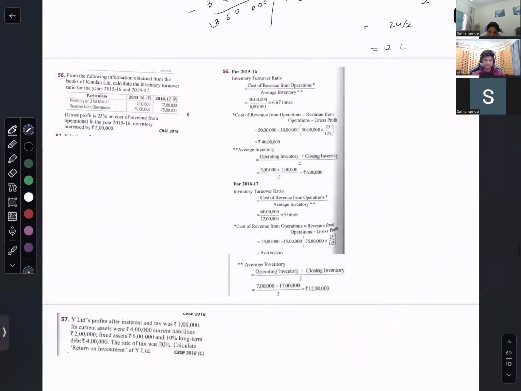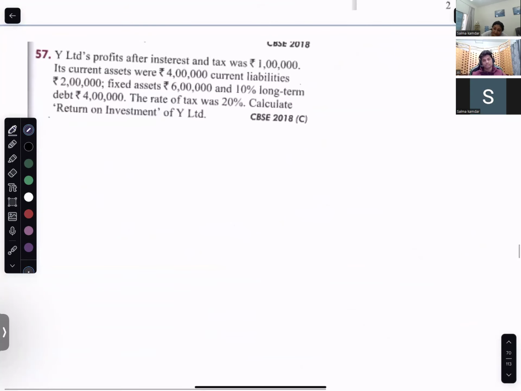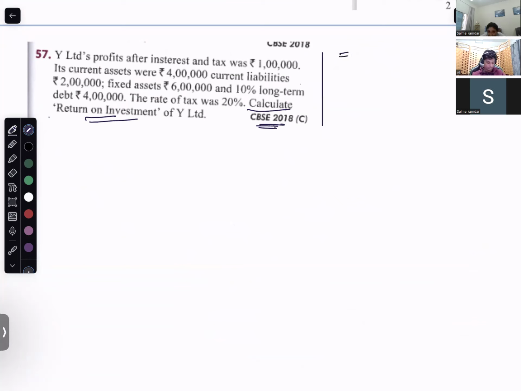Now, this is the CBSE 2018 paper. You have to calculate return on investment. You know the formula of return on investment? We did it yesterday only.